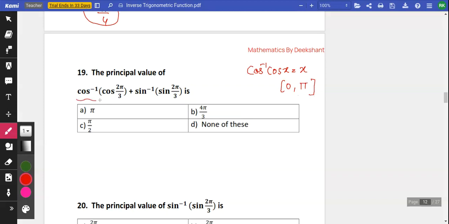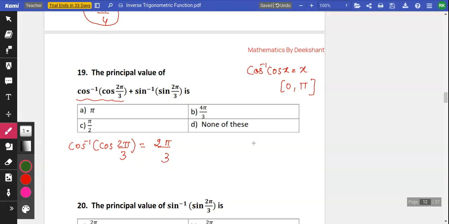In this portion, cos inverse cos 2 pi by 3, 2 pi by 3 lies between 0 to pi. So cos inverse cos 2 pi by 3 is equal to 2 pi by 3.